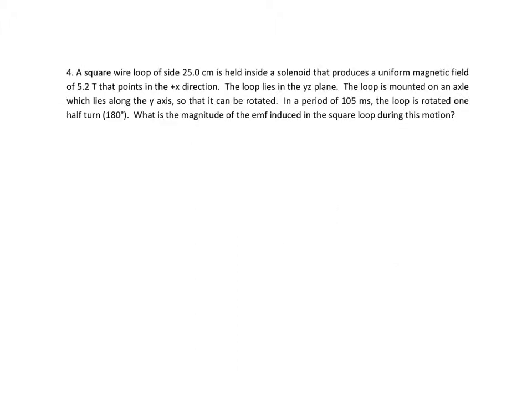In this problem, you have a square wire loop that is inside a uniform magnetic field that flips around. Let me draw some axes here, x, y, and z, and the description of the loop puts the square wire loop in the zy plane.